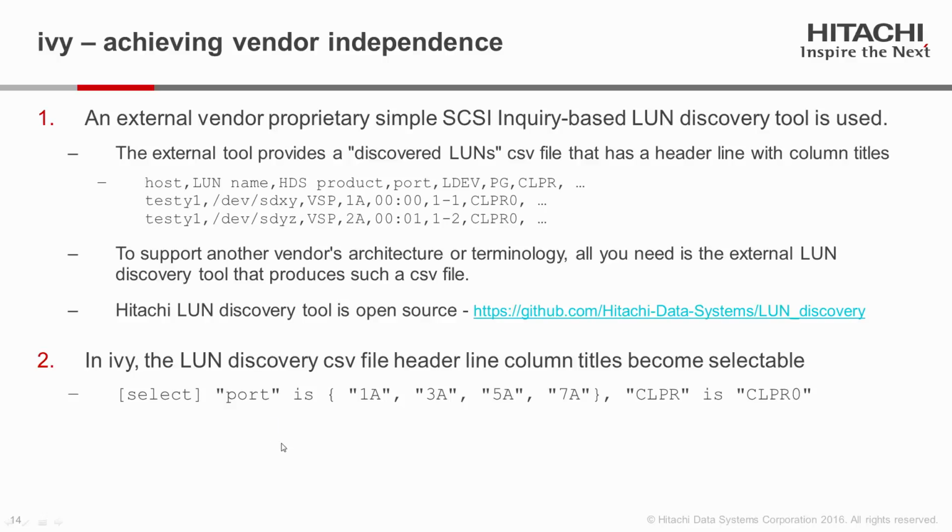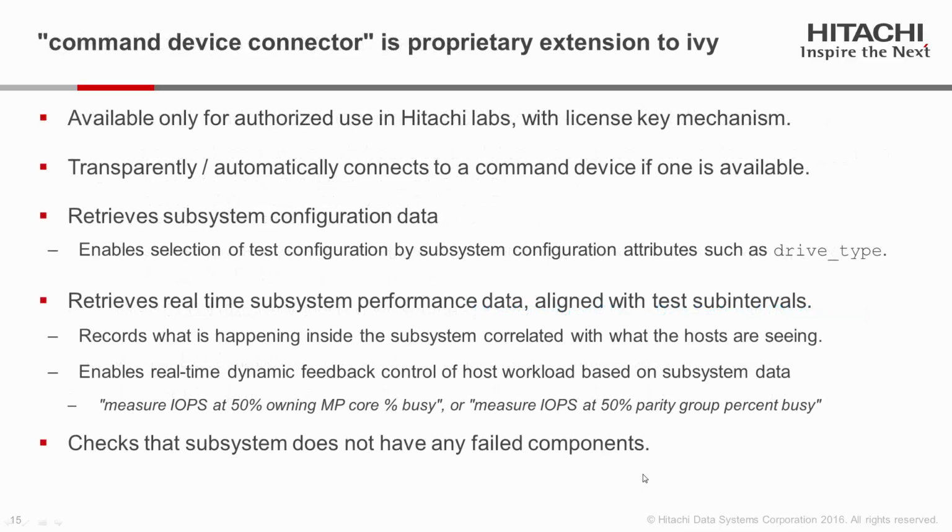You can say, for example, select port is 1A, 3A, 5A, and 7A. The string "port" was taken out of the header column here, and the 1A, 2A were taken out of this column here. So automatically in Ivy, you can select port is one of these, and it will pick the right ones on the right hosts.